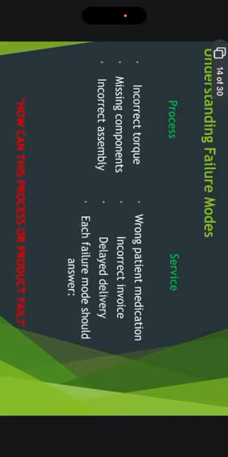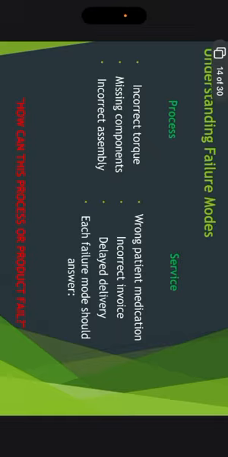Understanding failure mode: we have process, company failure mode, and we have service. Process is for products. Companies that produce products, like let's use Coca-Cola as an example. Please pardon me. It's not meant to demarcate the company. It's just for the purpose of this lecture.